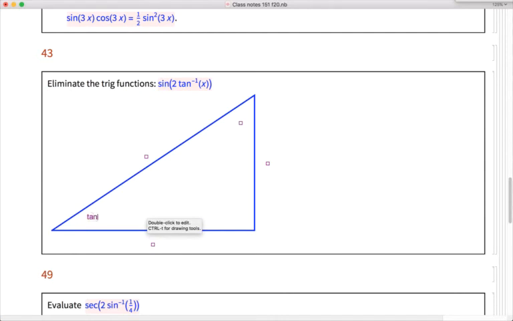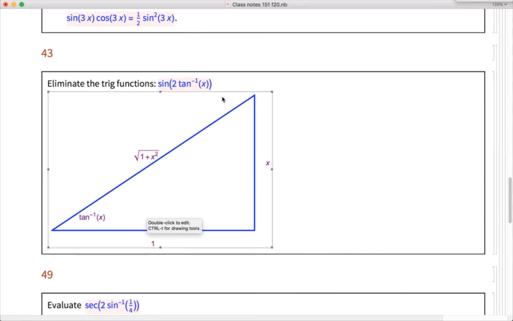Right, so we want this to be the inverse tangent of x down here. Okay, so that says that the opposite should be x, the adjacent should be 1, and we can get the hypotenuse then. Square root of 1 plus x squared.